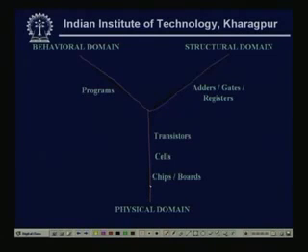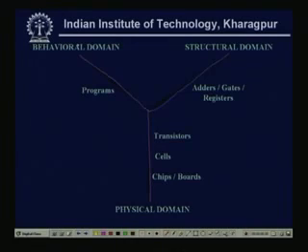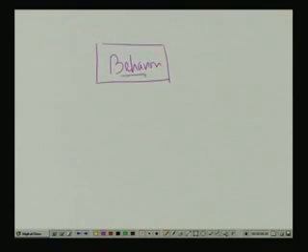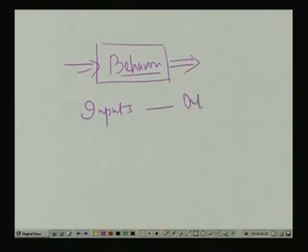So, this is my Y diagram. Here, this is the behavioral domain, that means how many ways I can solve a problem. Behavioral domain means the way the system is defined.